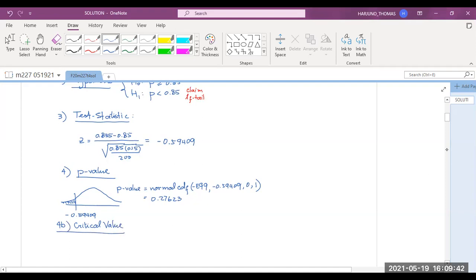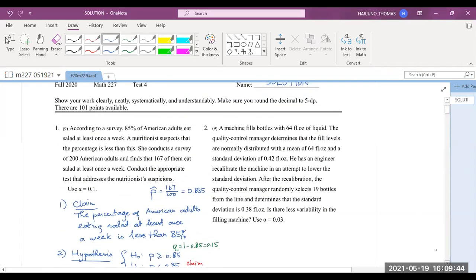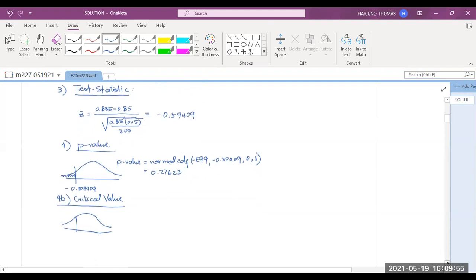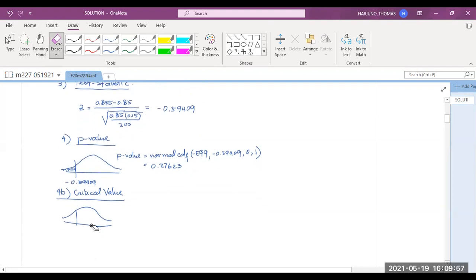The alpha, I believe, is 0.1 or 10%. The alpha is 10%. So for the critical value, you need 10% here. So the critical value is inverse norm, area to the left, 0.1.